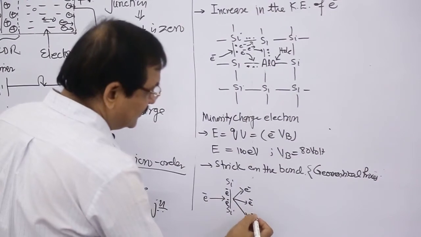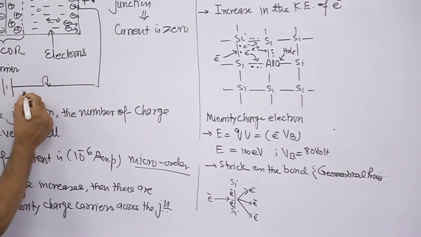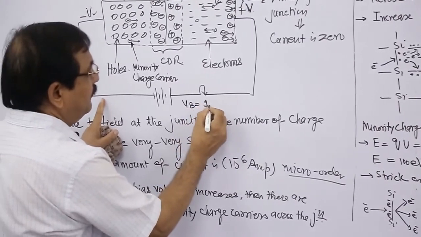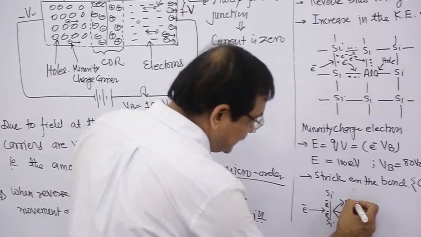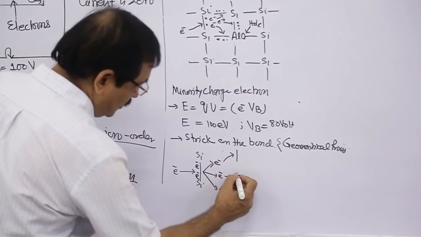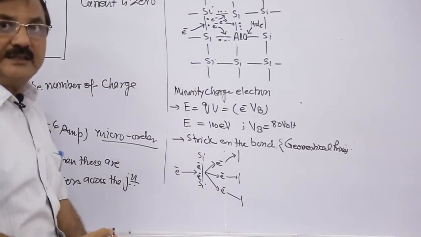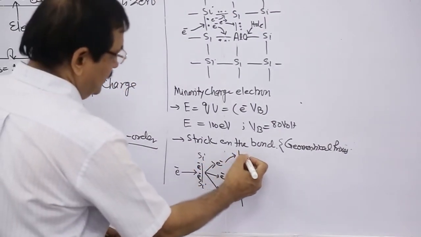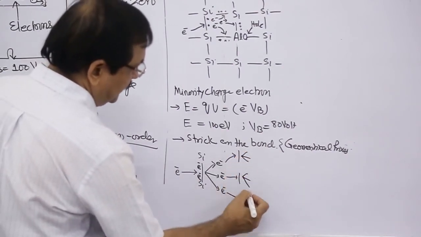Again these 3 electrons have very high energy, because continuously say Vb is 100 volt potential applied. So, each electron will strike another bond, and so these make again 3 electrons free.